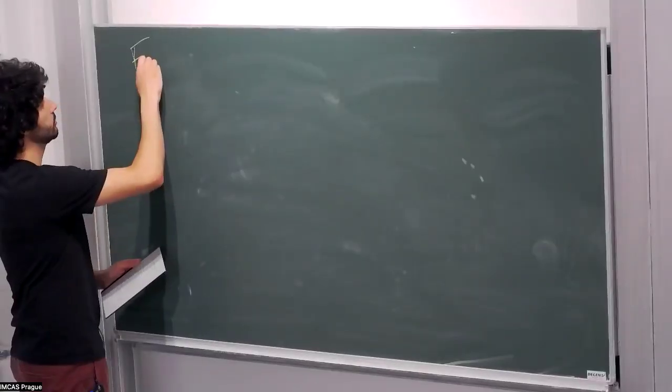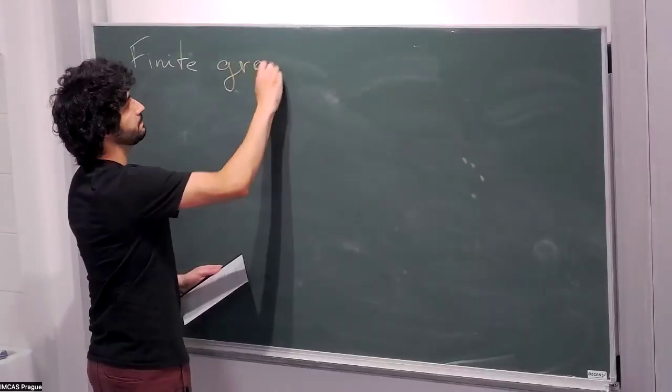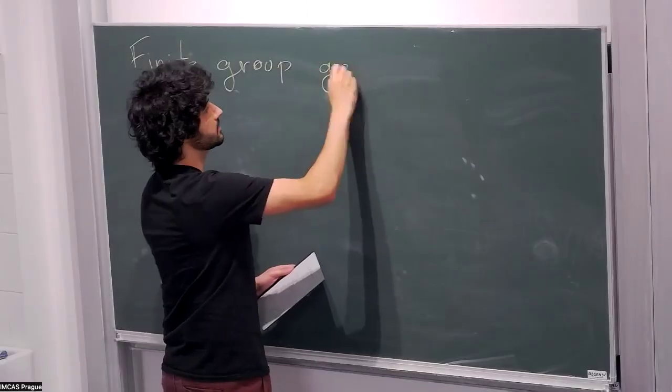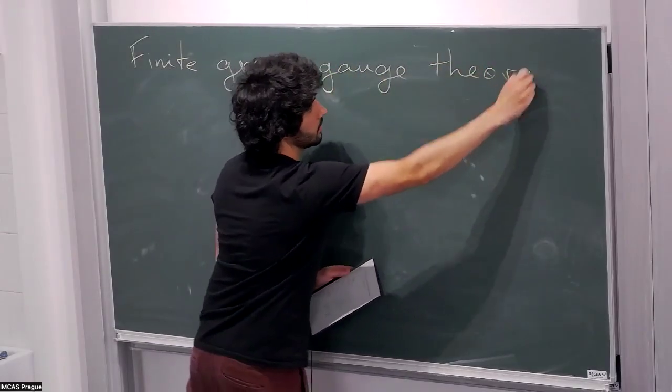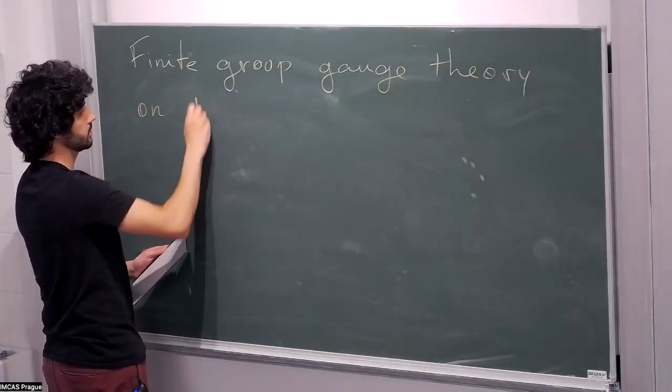So about finite group gauge theory on graphs. On, well, digraphs, directed graphs.